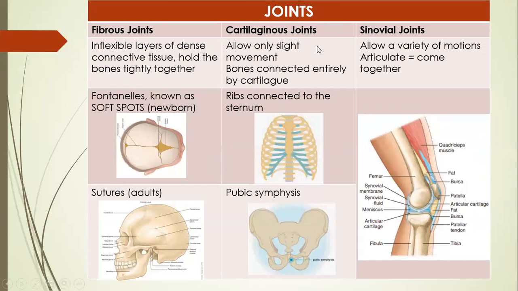Cartilaginous joints allow only slight movement, bones connected entirely by cartilage. Could be the ribs or the pelvic symphysis. Easy, right? And then we have the synovial joints, which allow a variety of motions, where bones articulate and come together.